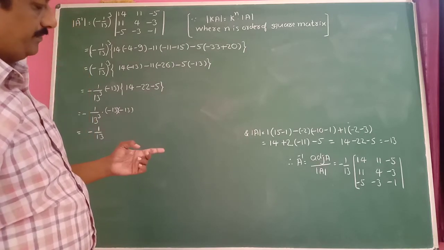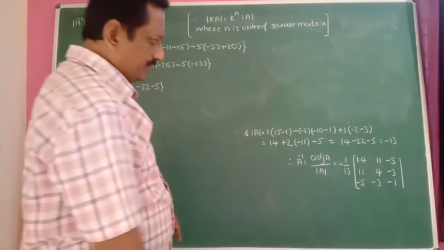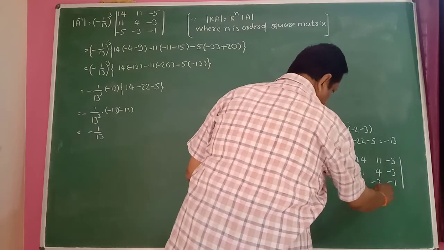Then you have to find the adjoint of A inverse. Therefore take this minus 1 by 13 inside this matrix.